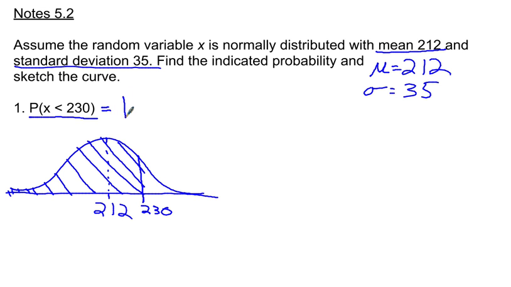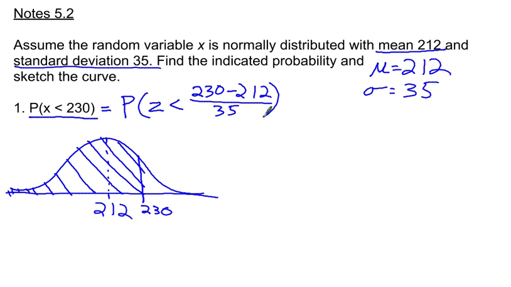So in my next step, I'm going to convert 230 to a z-score for this distribution. Since I'm converting it from a data value, we use x to represent a data value, I'm now going to use z because it's going to be a z-score. And I just use my z-score right here within the probability problem. So I do my data value, x, minus the mean, 212, all divided by the standard deviation, 35.